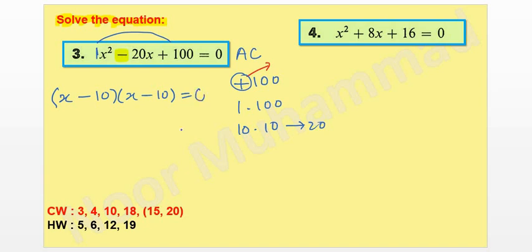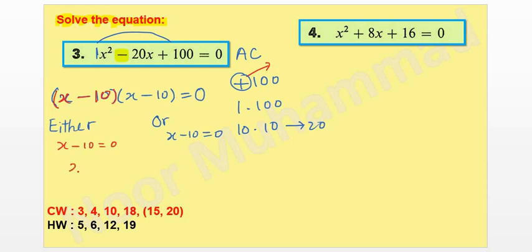On the other side we have 0, right? Now what we can say, either the first factor, let me write it with the red color. So either x minus 10 is 0, or let me write the other one with the blue, x minus 10 is 0. Means either this one is 0 or the other one is 0, right? So in both cases, what will you get?